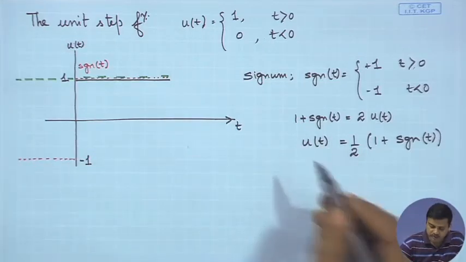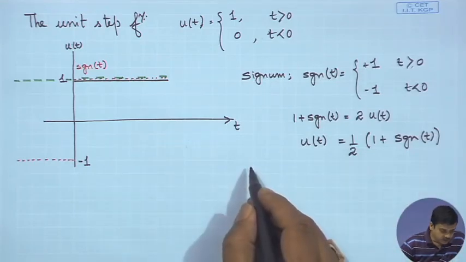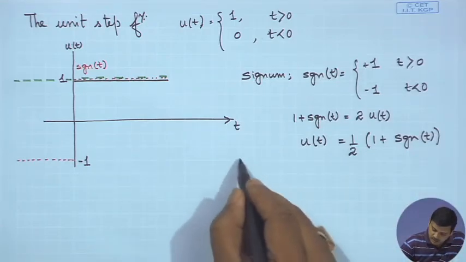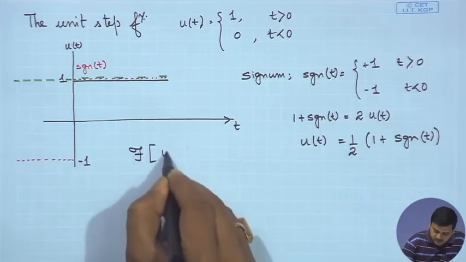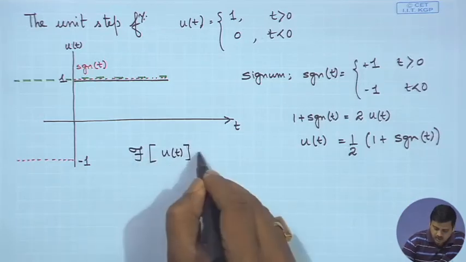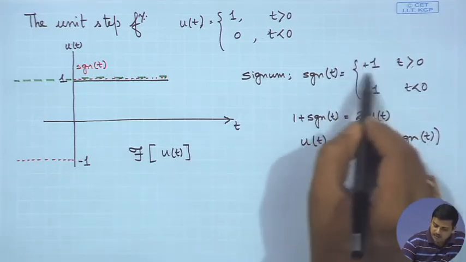When we are calculating the Fourier transform of u of t, we would be getting exponential integrals.